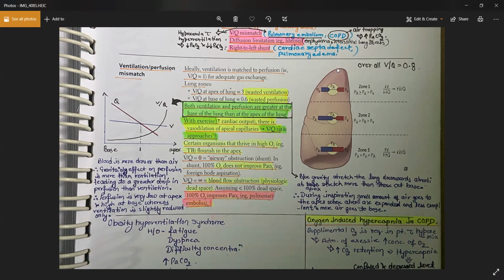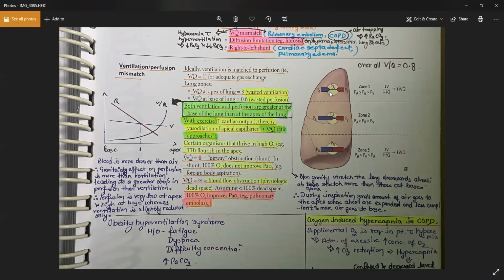More pressure outside, less pressure inside, so air can easily enter. Going downward, because of gravitational effects, the pressure is quite higher on the lower end than the upper end, so less air will inflow in these alveoli. As a result, these alveoli will have less distension, and these alveoli will have more distension, right?